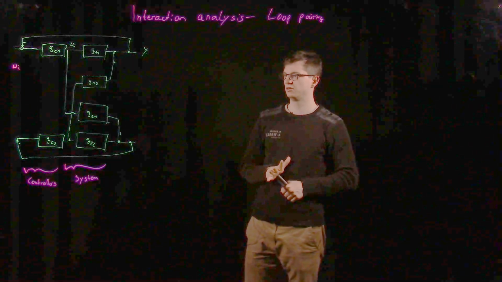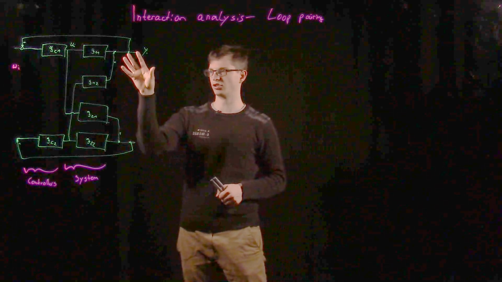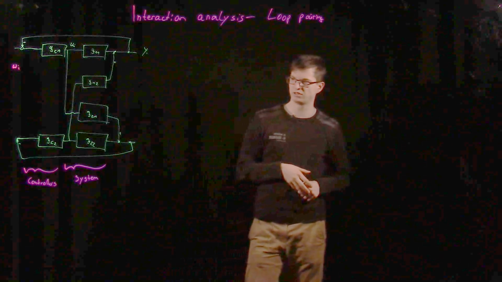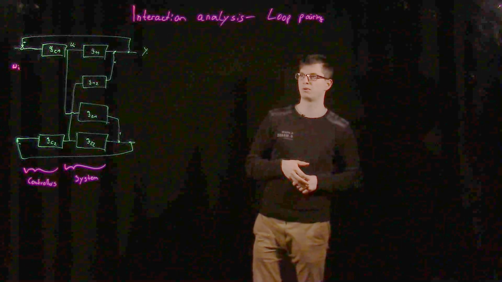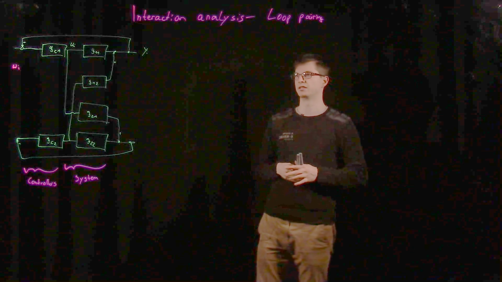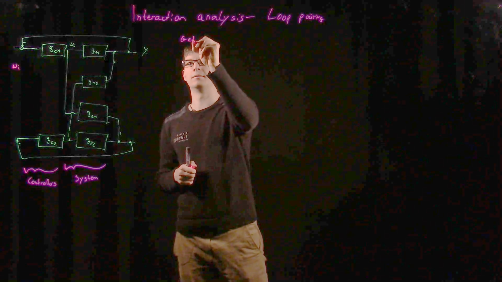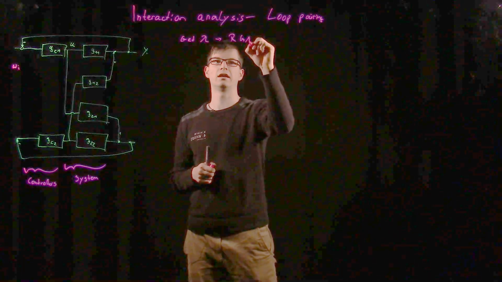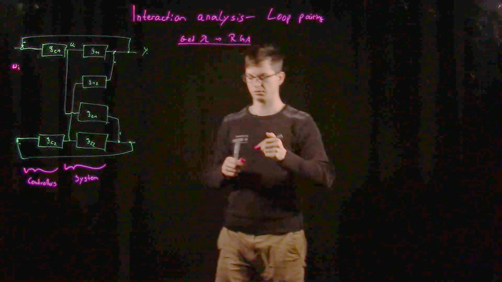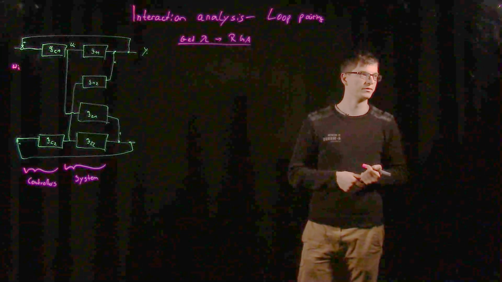Now we still want to have a matrix on how big this interaction is. We decided on the relative gain array, and that's why we perform interaction analysis. So we want to get lambda, the relative gain array, and then evaluate what it means for us.